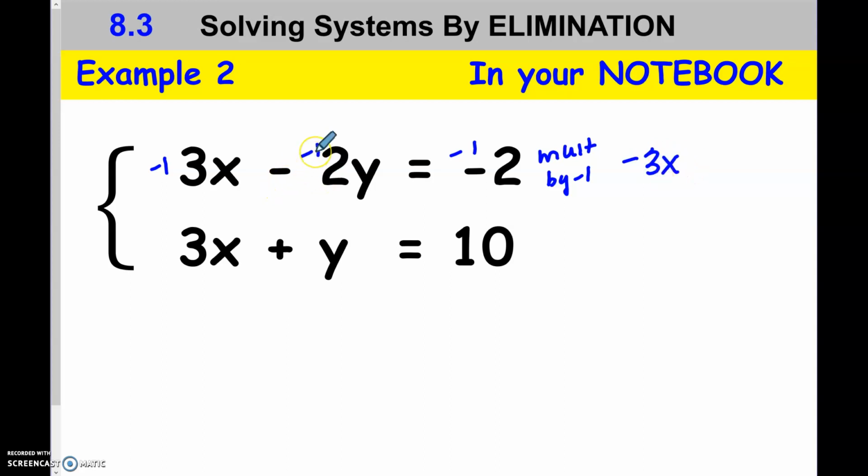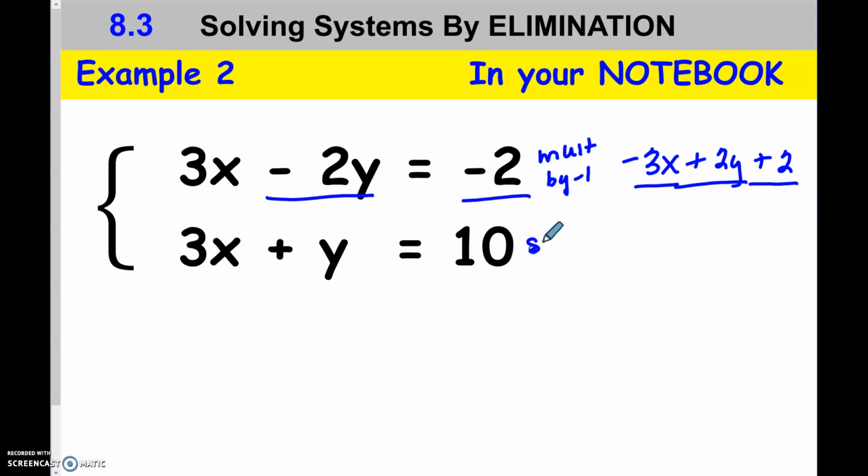Negative 2 times negative 1 is going to be a positive 2y. And negative 1 times negative 2 is going to be a positive 2. So if you look back at the original one, they all just change signs. When you multiply by a negative, all of these things change signs: plus 3x, minus 3x, minus 2y, plus 2y, minus 2, plus 2.